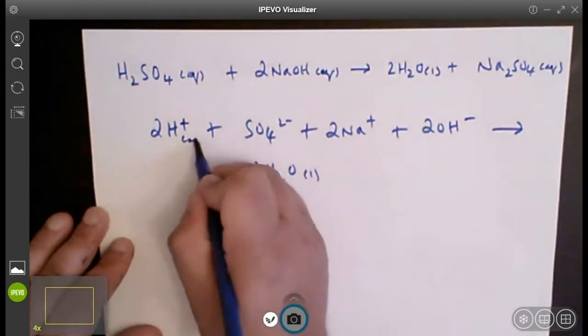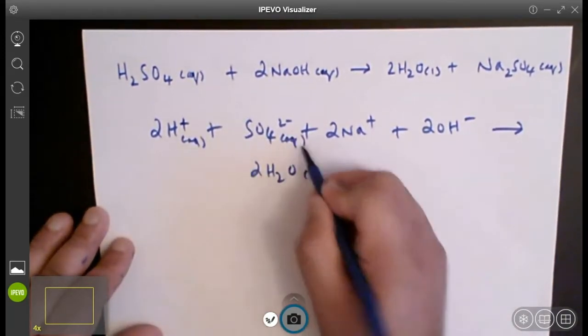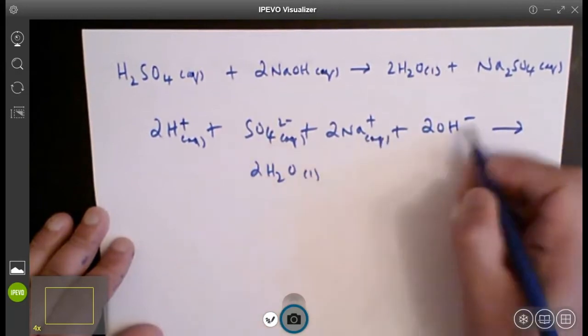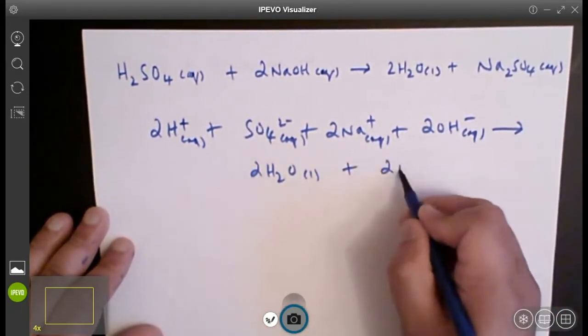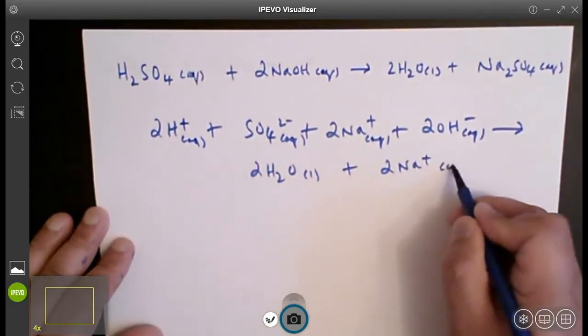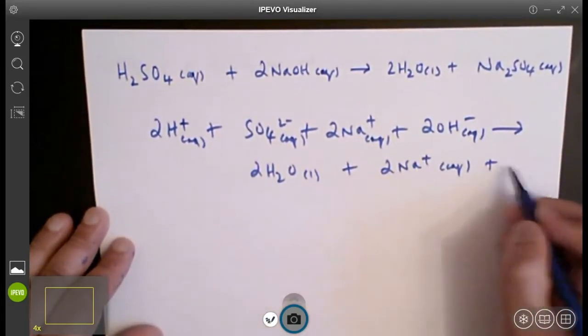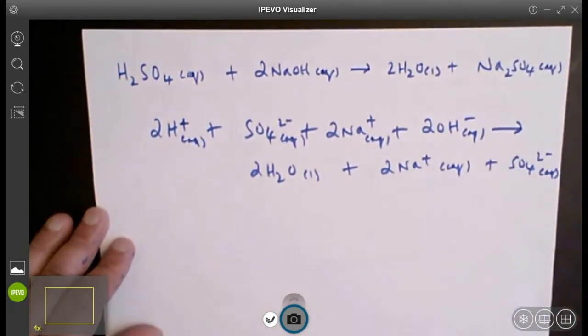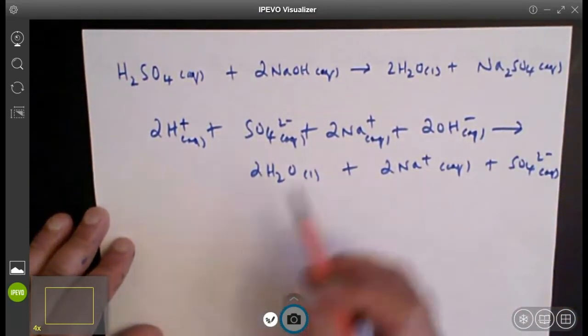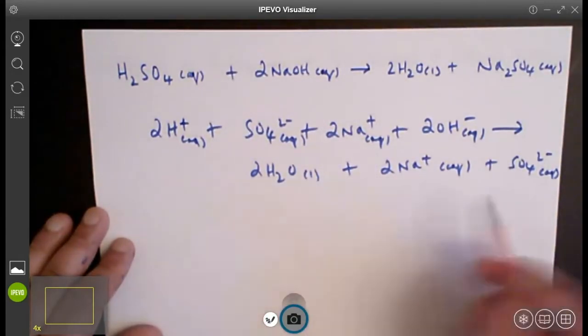I better put the aqueous signs here. Here we go. And the Na2SO4, that will break up to two Na+, plus the SO4 2- aqueous, because that's broken up. And now we can do exactly the same here. Spectator ions can cancel.